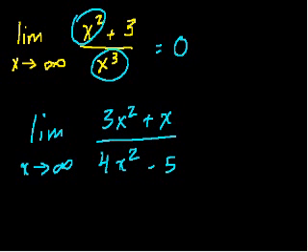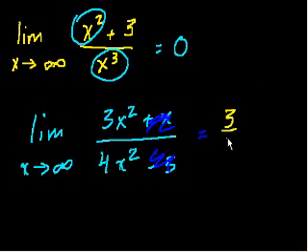Well, as you get really large values of x, these small terms, these ones that don't grow as fast as these large terms, kind of don't matter anymore, right? Because you're getting really large values of x. And in this case, these don't matter anymore, and then these two x squared terms grow at the same pace, right? And they'll always be kind of growing in this ratio of 3 to 4. So the limit here is actually that easy.